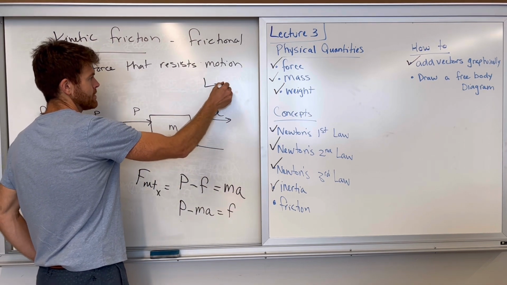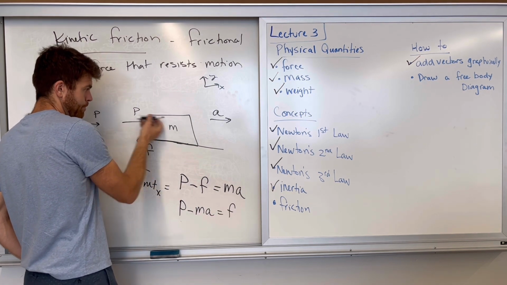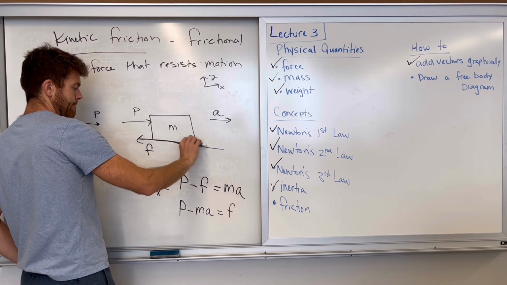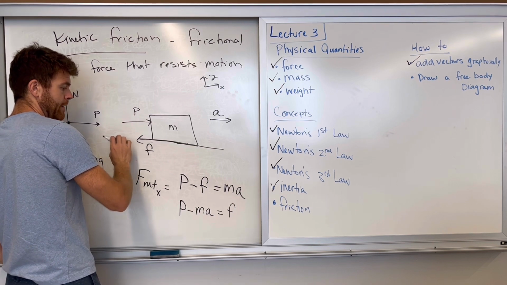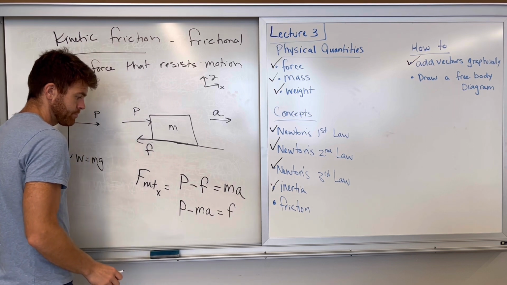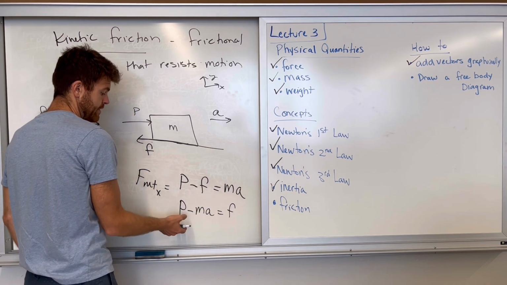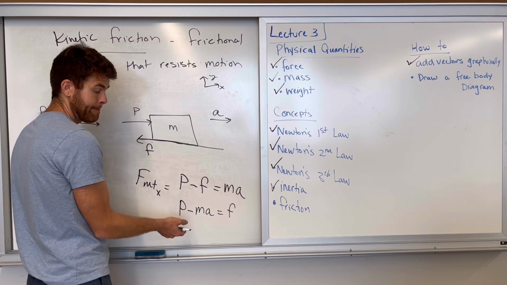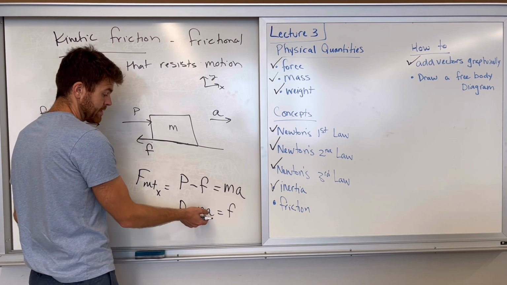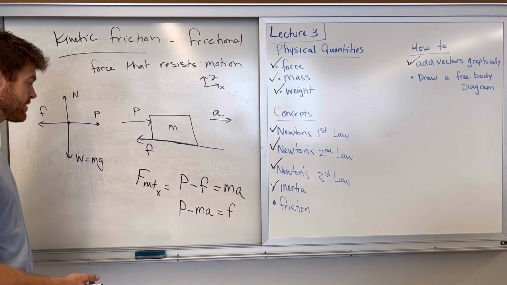I erased my coordinate system. So the push this way minus the kinetic friction that way equals the mass of the object times its acceleration. And so solving for the kinetic friction, we find the kinetic friction is equal to the push minus the object's mass times acceleration. It tells us how much friction is present.